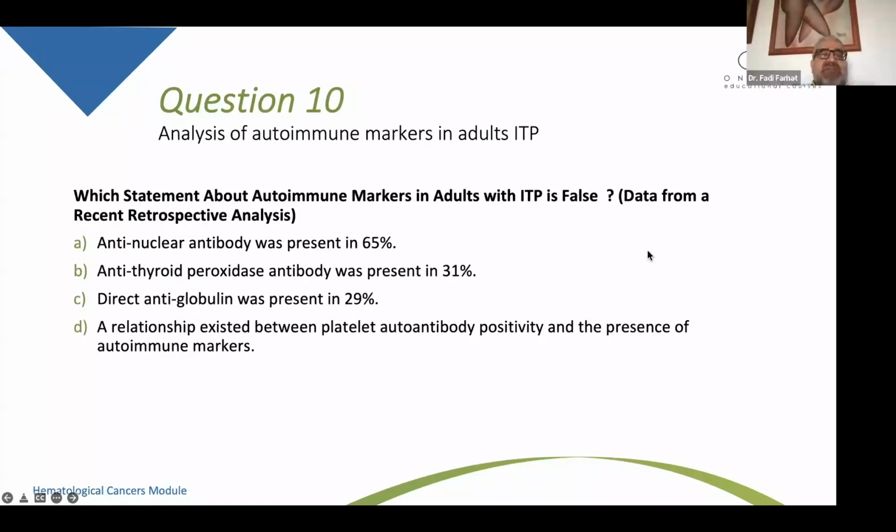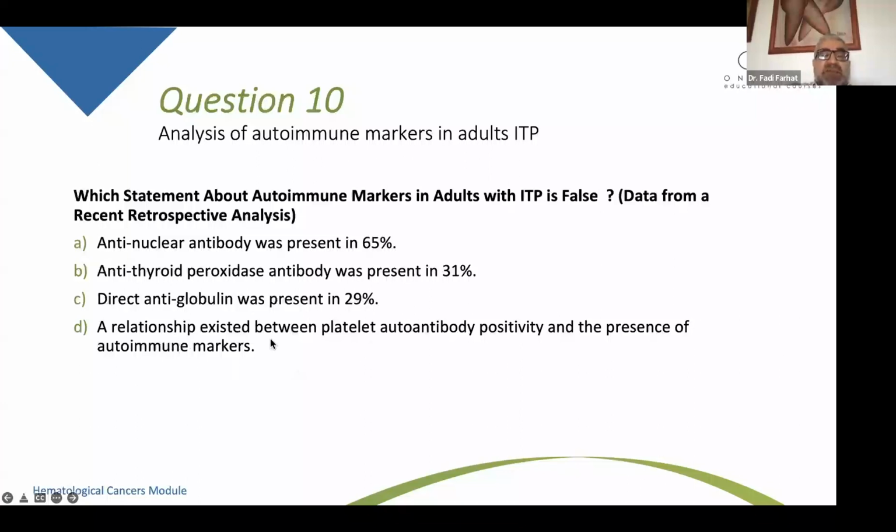Okay, question number 10, analysis of autoimmune markers in adult ITP. Which statement is correct? Antinuclear antibody, ANA, present in 65%. Antithyroid peroxidase antibody present in 31%. Direct antiglobulin was present in 29%.